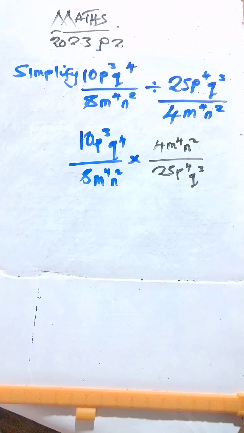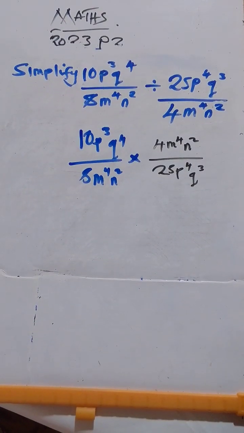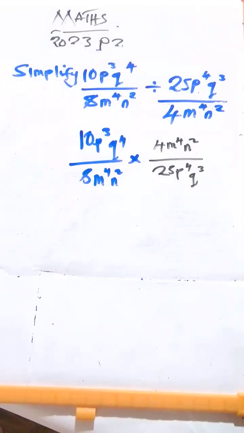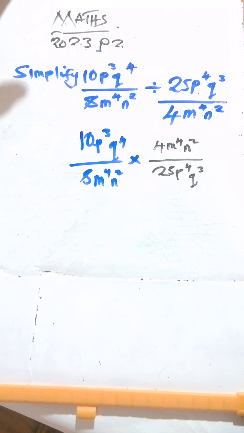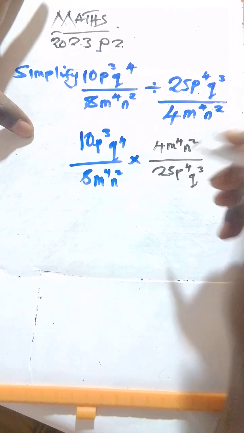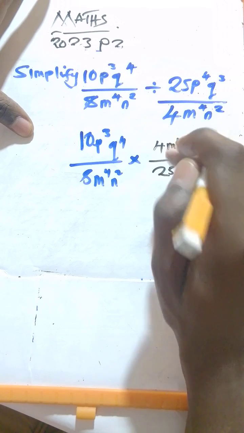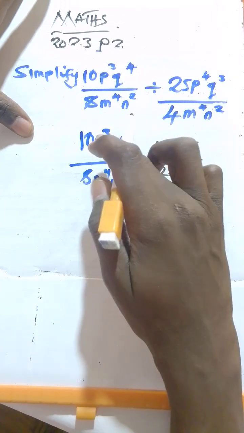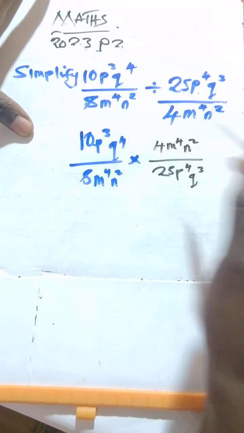Then from here, the second step will now be like this. We can cancel what is common diagonally, meaning these parts from our right hand side can cancel with the parts on the top left side. So we have p to the power 3, we can cancel all these.